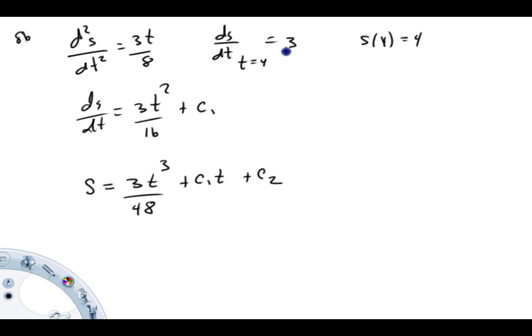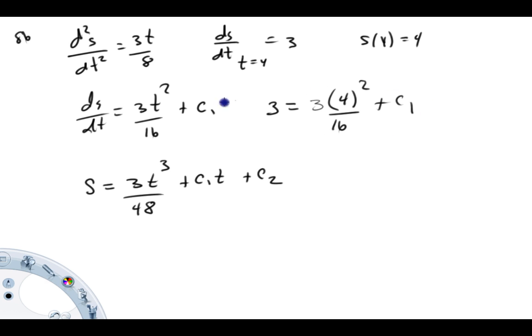So ds dt has to be 3 when t is equal to 4. So I'm going to look at this equation for ds dt. And this is now going to read 3 equals, so that's for this, 3 times t squared over 16, where t is 4, so 4 squared over 16, plus C1.